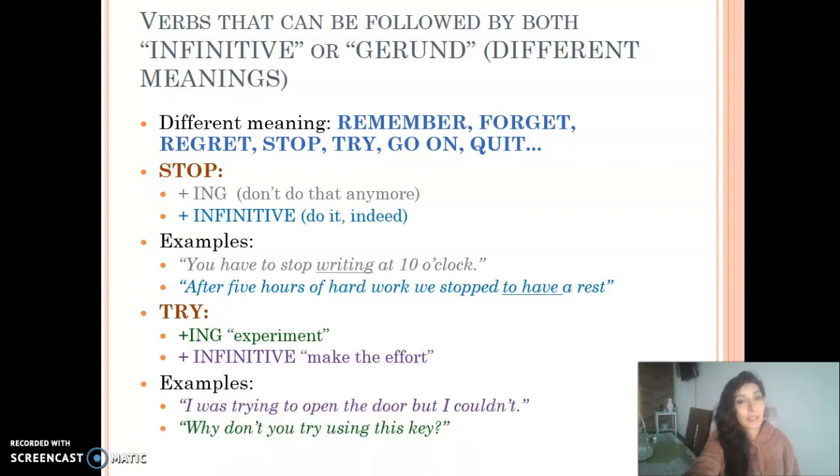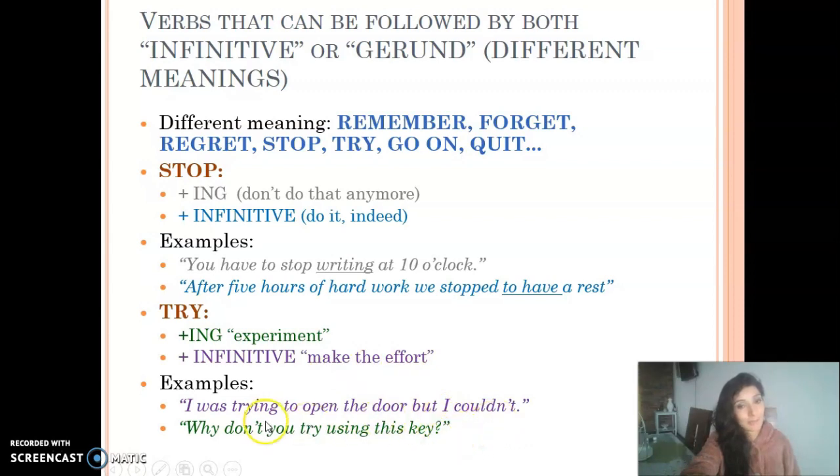So here I have two examples. I was trying to open the door, but I couldn't. In this case, we're using an infinitive, trying to open the door. So it means that we made the effort to open the door, but I couldn't.